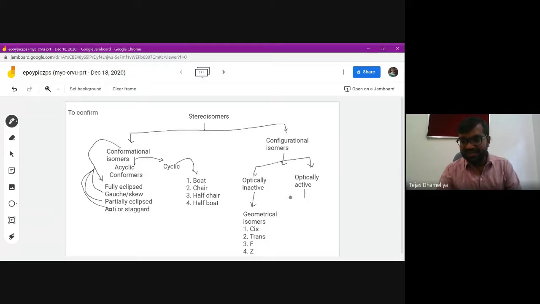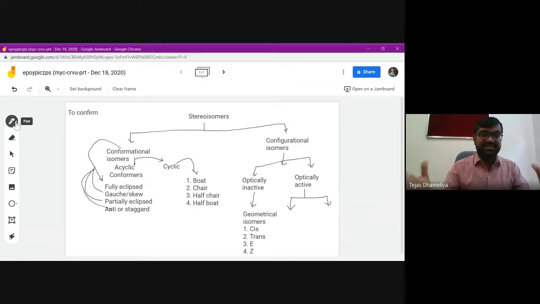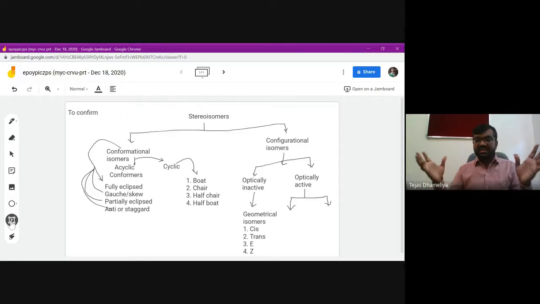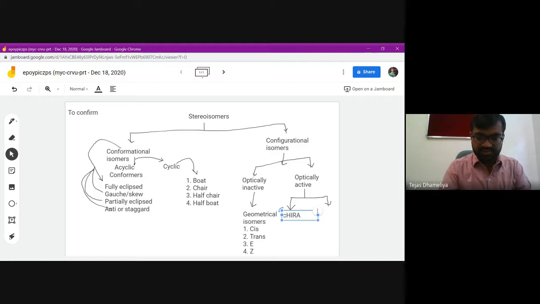Optically active compounds are further classified into two types. One of them possesses a chiral center, the other may possess a chiral plane. Those which possess a chiral center are having a chiral center.